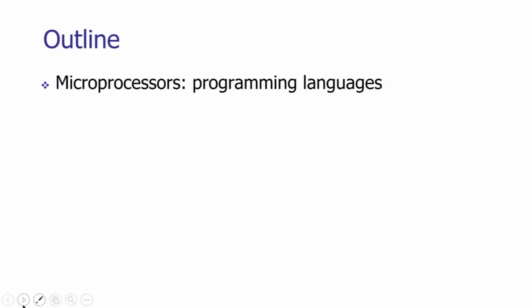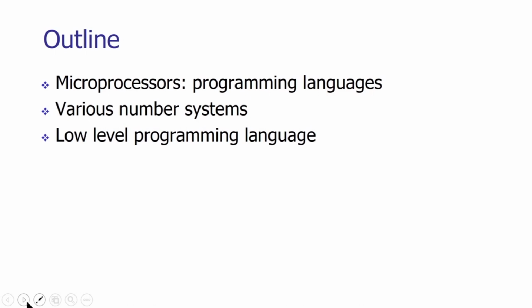At the start of the lecture, we will see what various programming languages are available for microprocessors, and what the various number systems being used in the programming languages are. Then we will study the meaning of low level programming language.